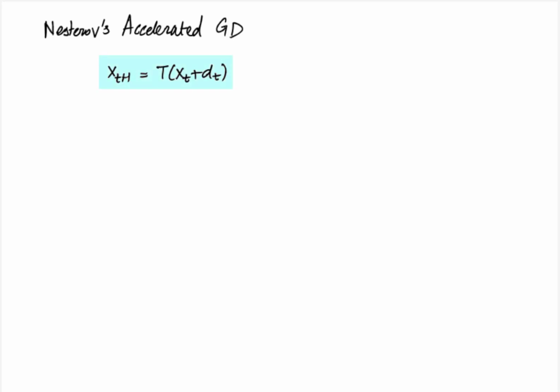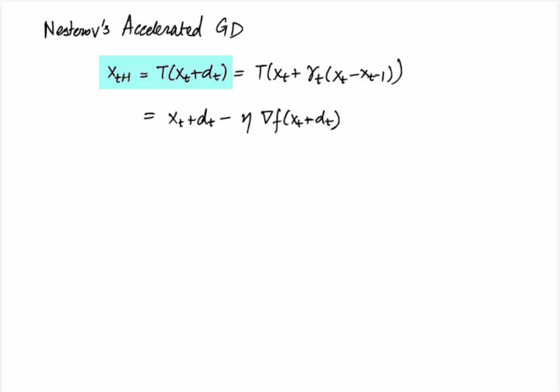For many years, almost 2 decades, no one knew if it was possible to obtain speed up using momentum. The question was resolved by Nesterov's accelerated gradient method, whose updates take the form xt plus 1 equal to T of xt plus dt, which can be written as T of xt plus gamma t times xt minus xt minus 1, which can again be written as xt plus dt minus eta times gradient of f at xt plus dt.